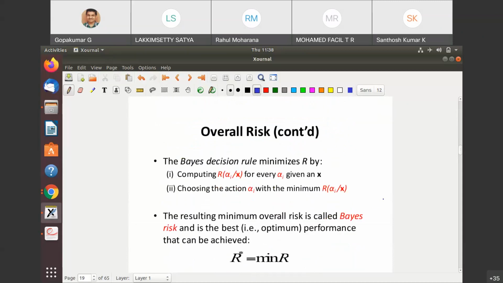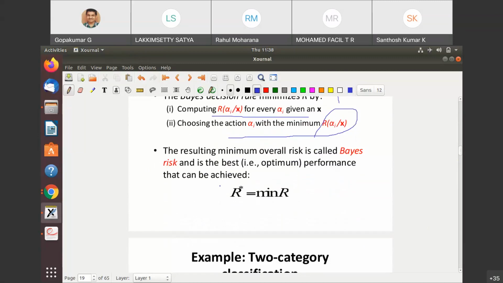Now, whatever we have discussed, the Bayes rule gives a minimum R, because we compute this for every alpha i and choose the alpha i which is minimum. Usually we use the star notation, especially for the optimum value.